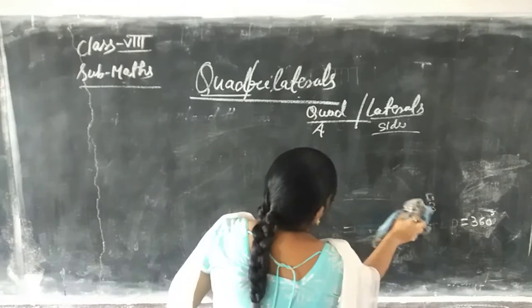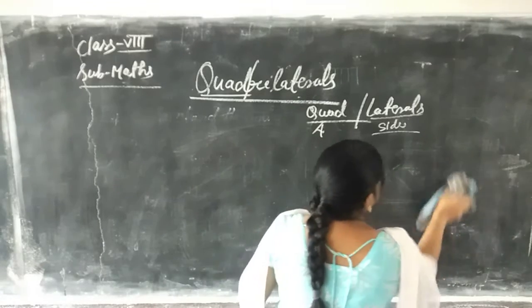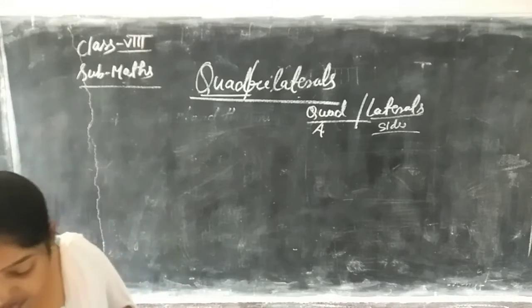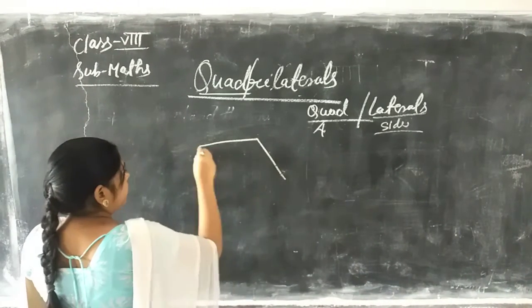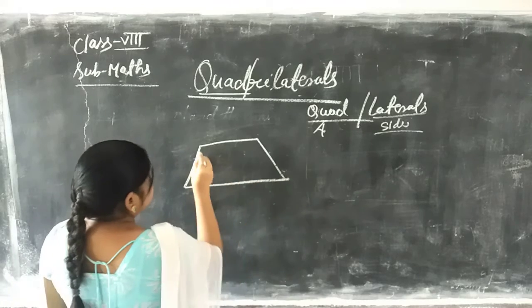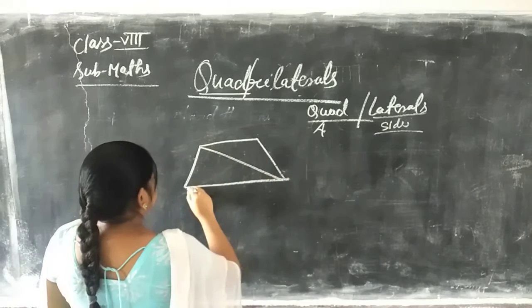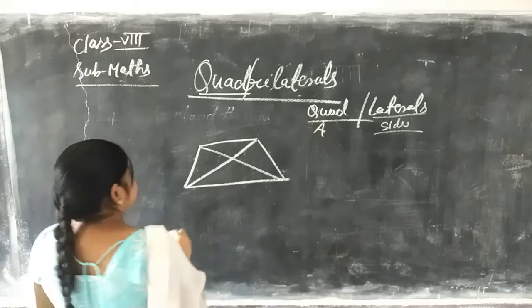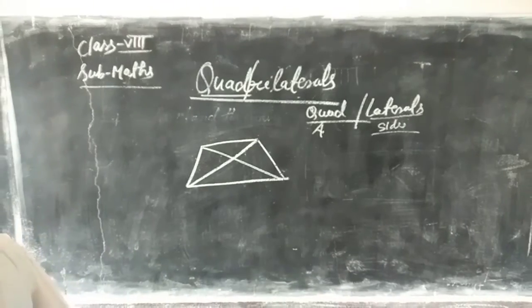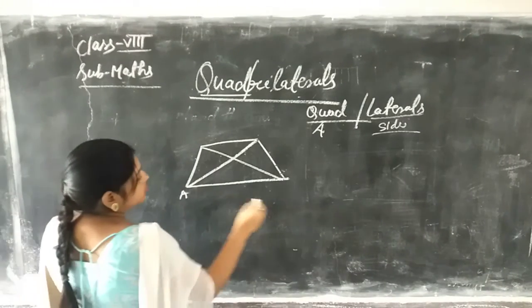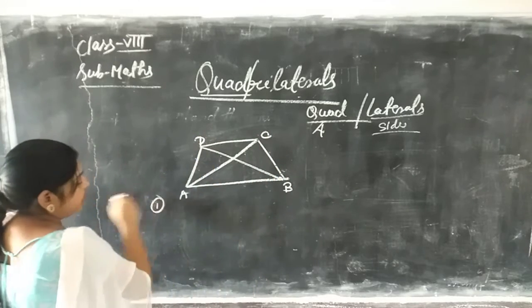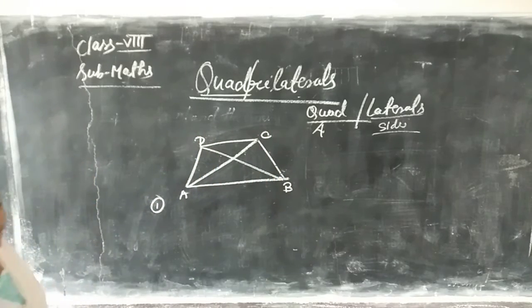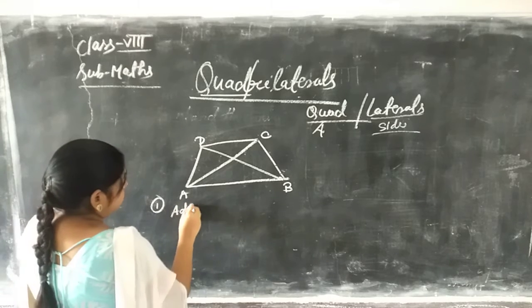First we draw any figure, then we write the name ABCD. First is the adjacent sides of a quadrilateral.